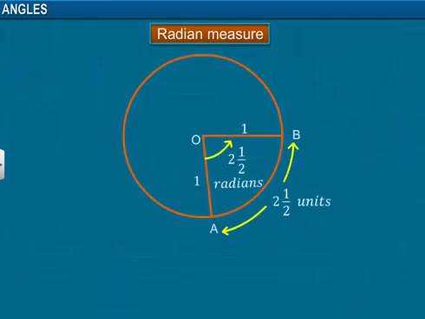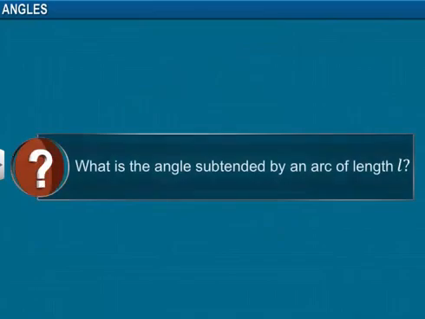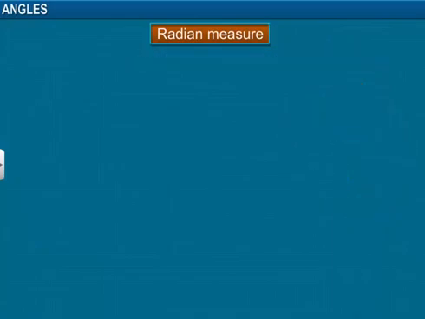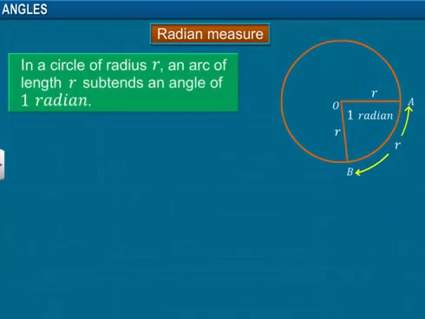If the length of the arc of a unit circle is 2.5 units, then the angle made by the arc is 2.5 radians. Guess what is the angle subtended by an arc of length L? It is L divided by R radians. This is because in a circle of radius R, an arc of length R subtends an angle of 1 radian.